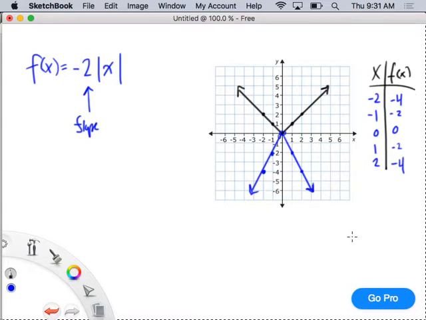Bam. See? So not only did my slope change to -2, I'm not going over 1 and up 1 anymore. I'm going over 1 and down 2. Over 1, down 2, over 1, down 2. So it flipped and the slope changed. Okay, you guys got that?